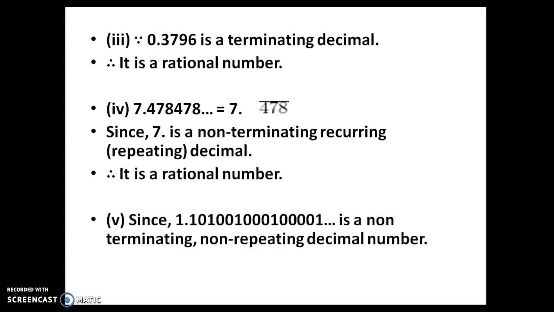Then the fifth one, 1.10100100. It is not repeating. It is a non-terminating and non-repeating decimal number. So what number will it be? It is an irrational number. Okay, so I'll wind up this video with this. Thank you, children.